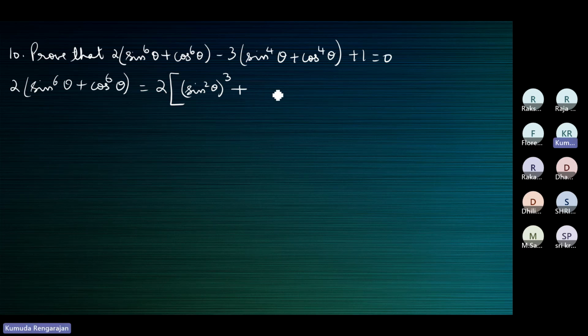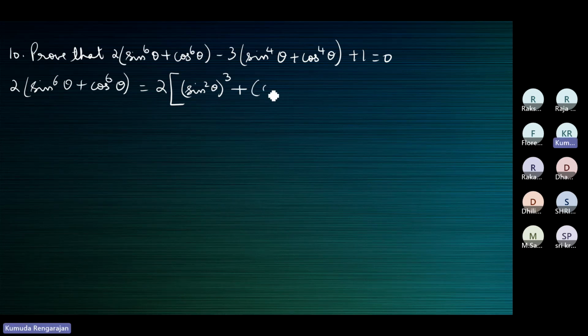You want sine square theta. So always write sine square theta in the bracket and put the 3 outside. Don't write sine cubed theta and put the square outside. Don't do that. 2 3s are 6. Because you want sine theta to the power 2, not 3.